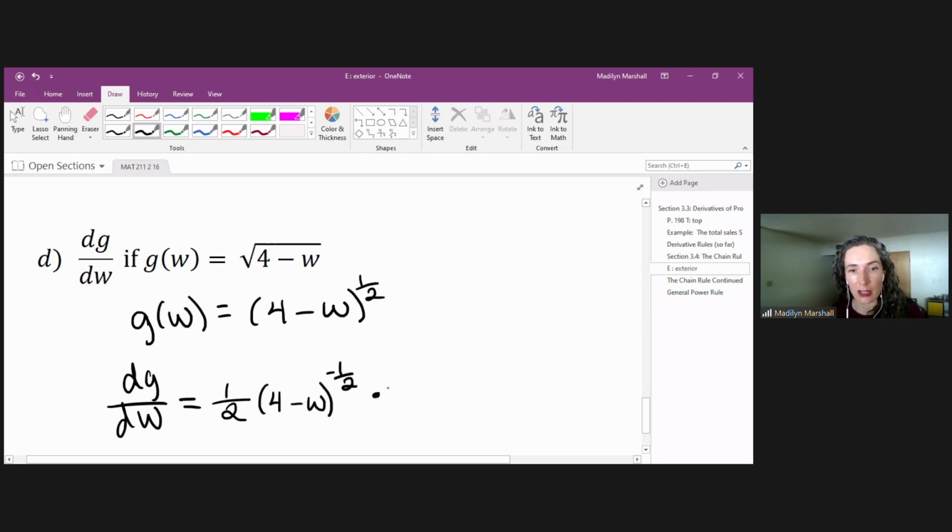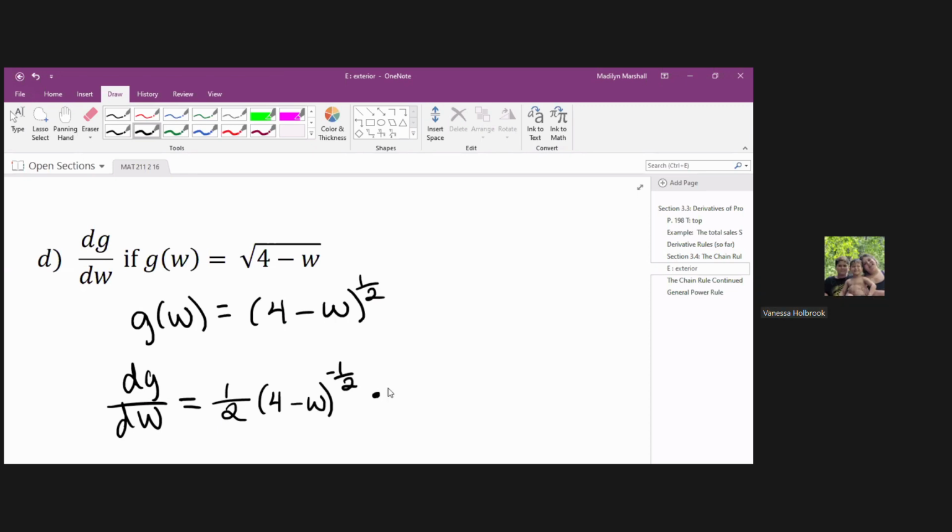But then we have to multiply by the derivative of the interior, which is negative 1. Right, it is just negative 1.